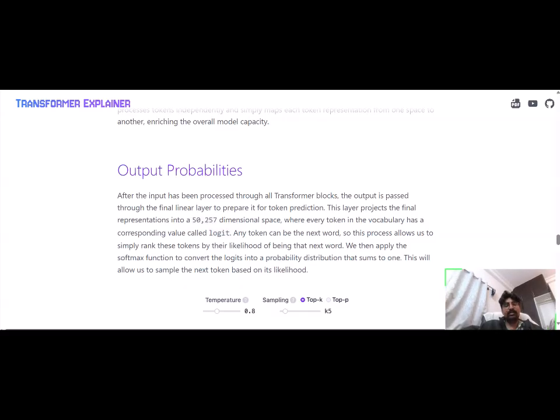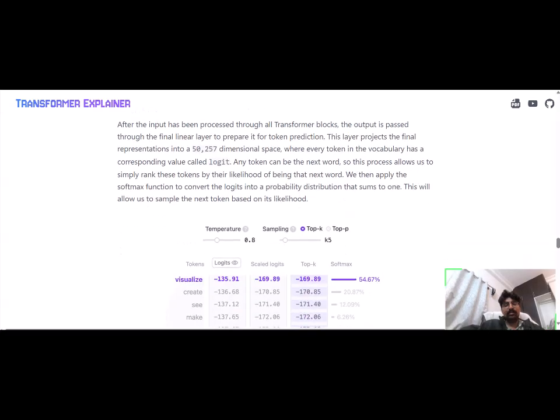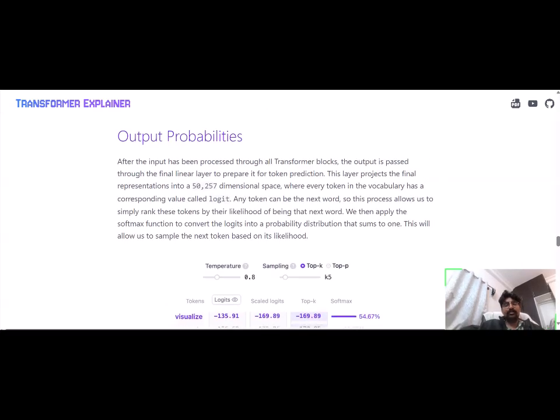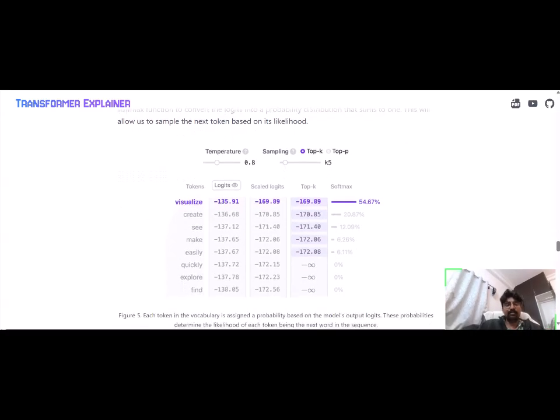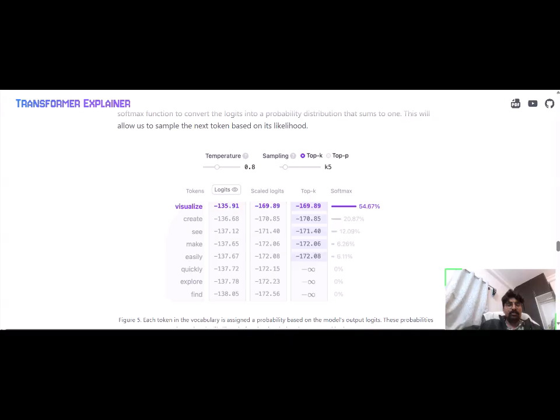In this projected 50,257 dimension space, each token has a probability distribution, which is called the logit. How this logit is controlled and how we can calculate the final output is based on hyperparameters: temperature, top-k and top-p. We'll talk about it.